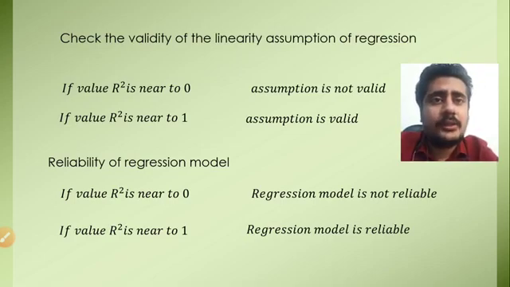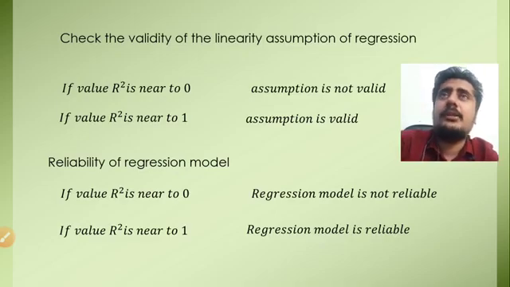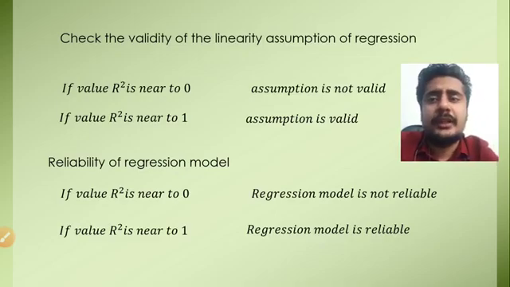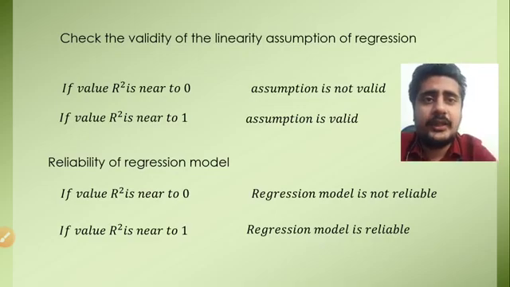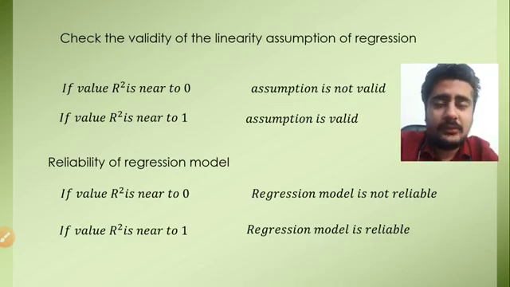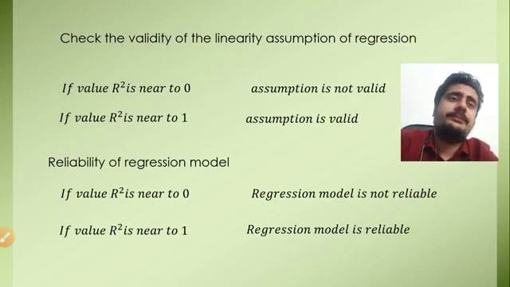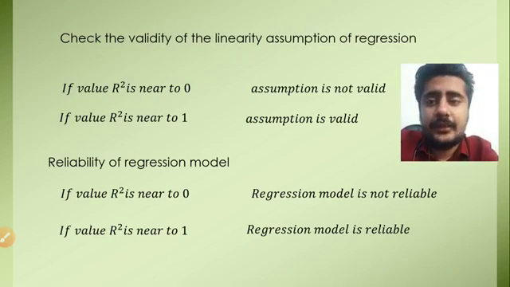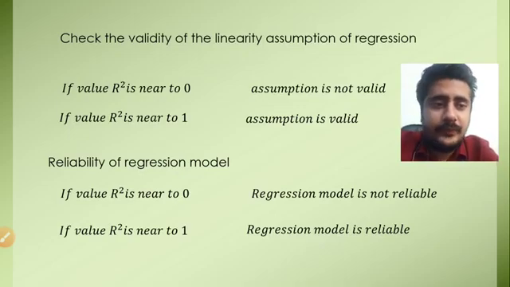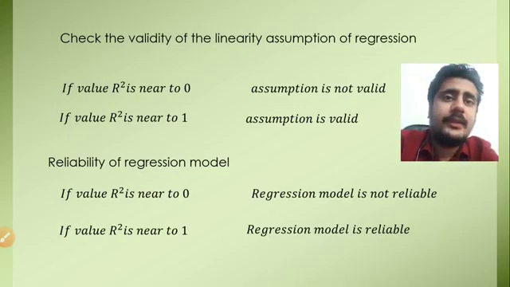Now suppose your r square is near to 1, for example 0.7, 0.75, 0.8, 0.92, 0.93. Then your assumption is valid.